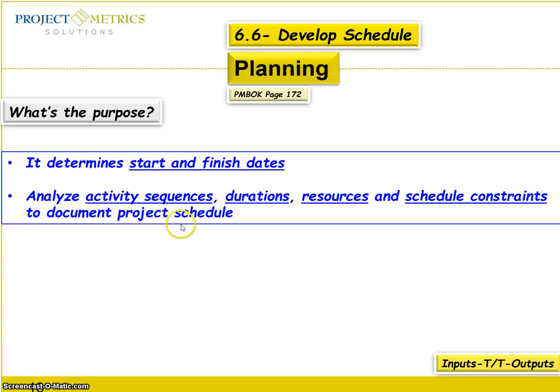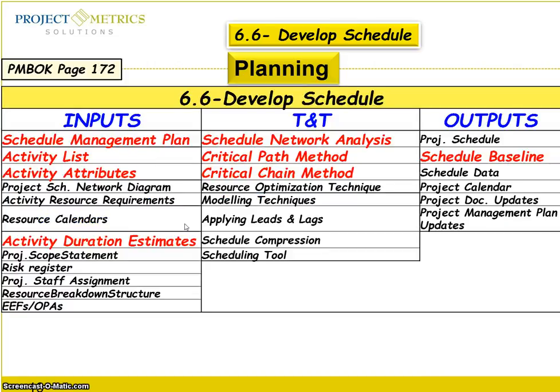What are the inputs, what are the tool and technique, what are the outputs here? When you develop the schedule, you are going to use the schedule management plan as input. You are going to use the activity list. You are going to use activity attributes. You are going to use activity duration estimates.